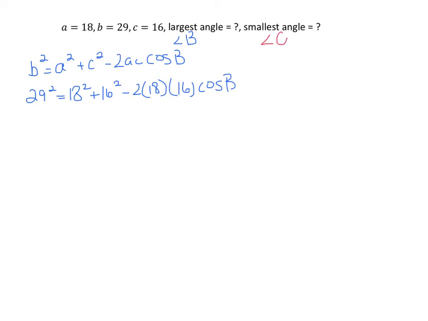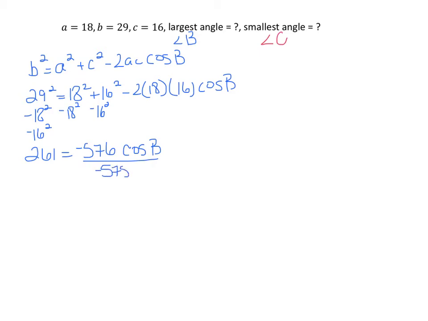I will have to subtract 18 squared from both sides. I will have to subtract 16 squared from both sides. When I do that, I get 261 is equal to negative 2 times 18 times 16, which is negative 576 times the cosine of b. So now I have to divide both sides by negative 576.